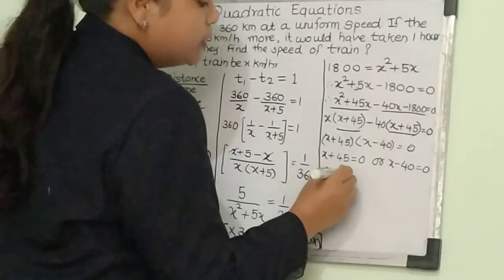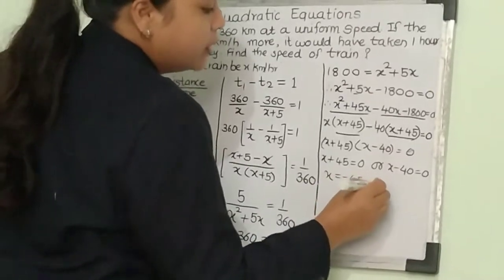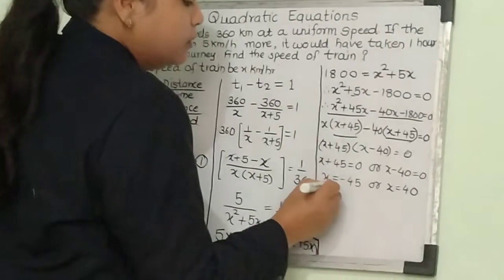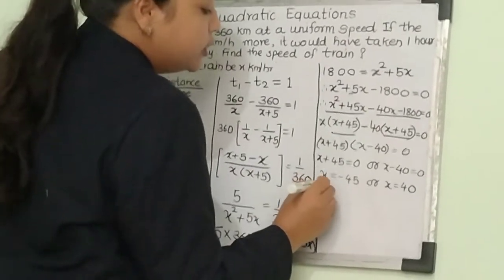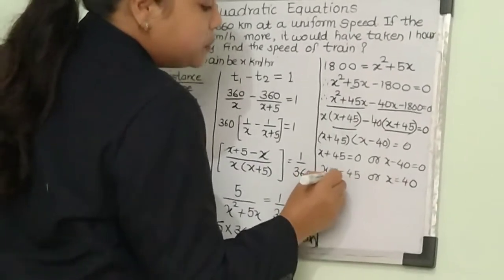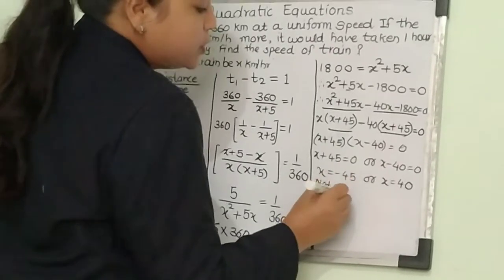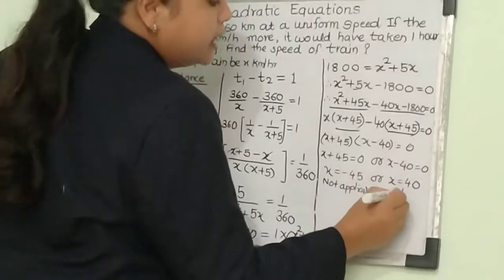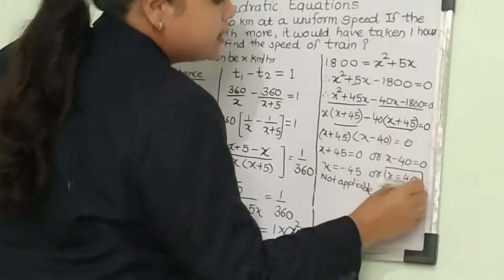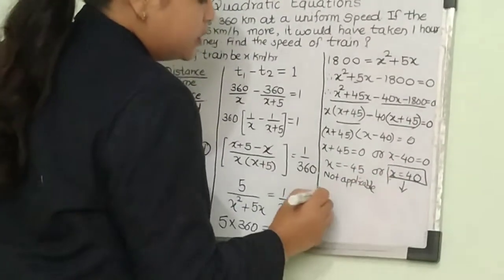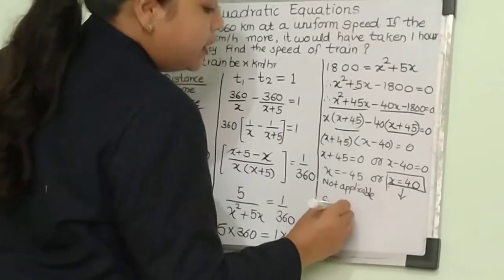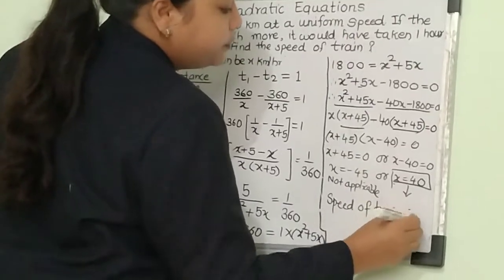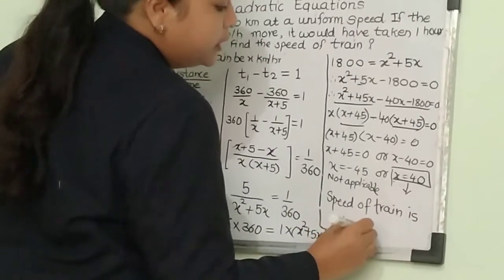So x equals to minus 45 or x equals to 40. Now here it is not applicable because speed is never negative. So we can consider the value of x as 40. So we get the speed of train is 40 km per hour.